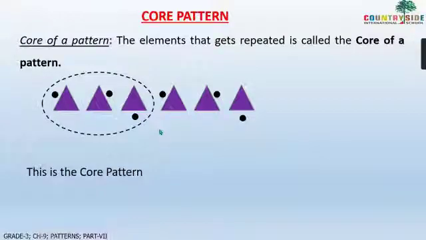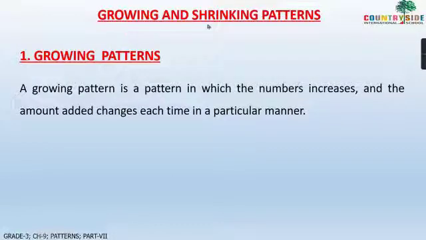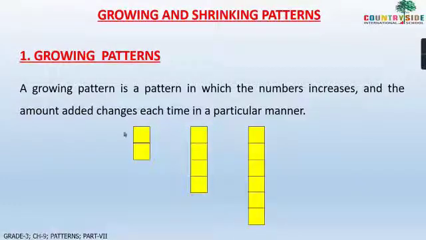Okay children? Then next is growing and shrinking patterns. Now children, we will see first what is a growing pattern. A growing pattern is a pattern in which the number increases and the amount added changes each time in a particular manner. Can you see here how the pattern increases?